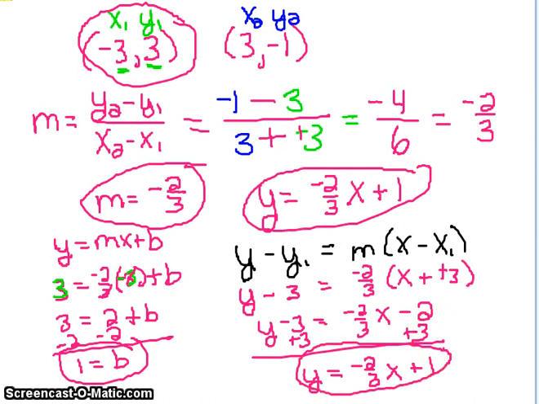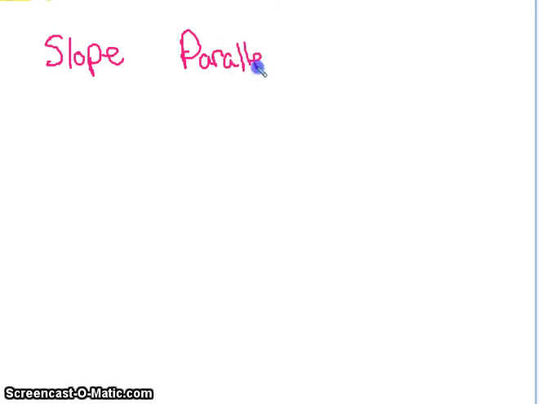I only have a minute left, so I'm not sure that I'm going to be able to fit this in, but we do have to understand parallel and perpendicular lines. If you have a slope, then we have a parallel slope and a perpendicular slope.